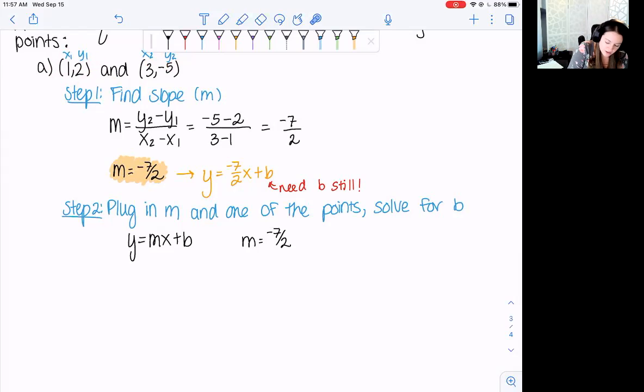I'm going to choose 1, 2 as the point that I deal with. So we have the point 1, 2, which gives us an x and a y. So our x is 1 and our y is 2. So we're plugging in our m.